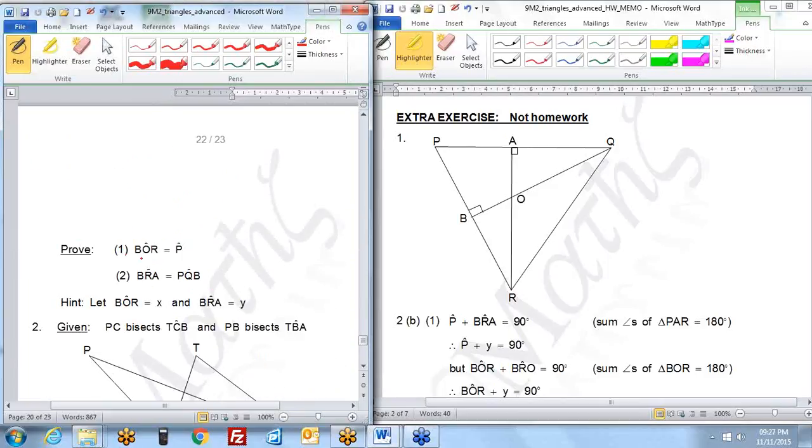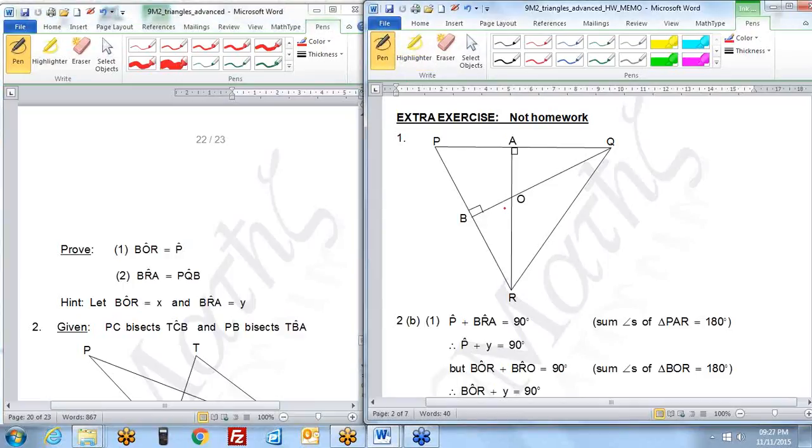And then they ask you to prove that angle BOR will be equal to angle P. And then they also give you a hint that angle BOR, in other words, this angle over here, equals X, and angle BRA, that angle there, equals Y. So this angle is Y, this angle is X.